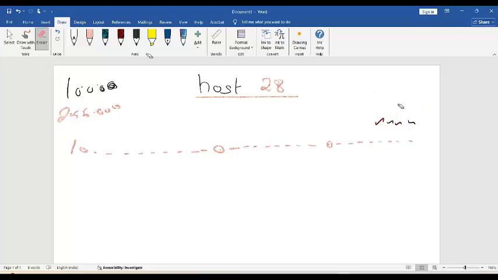If I take 1 less than that, I get only 8 plus 4 plus 2 plus 1, which is 15. 15 is smaller than 28. That's why I take another bit, which is 16 plus 8 plus 4 plus 2 plus 1, 31.